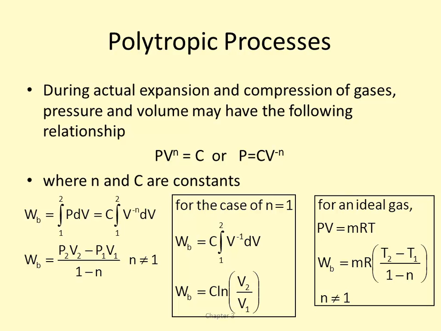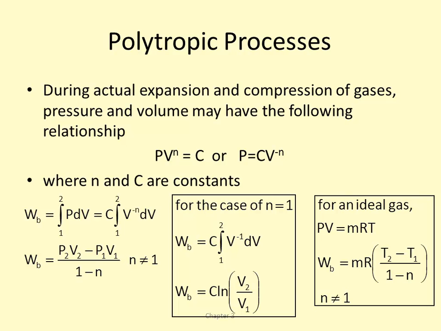Okay. And then we have something called a polytropic process, which is where the relationship between pressure and volume is some known relationship. It's not necessarily linear, but the way that they change from one to another may be some constant value.